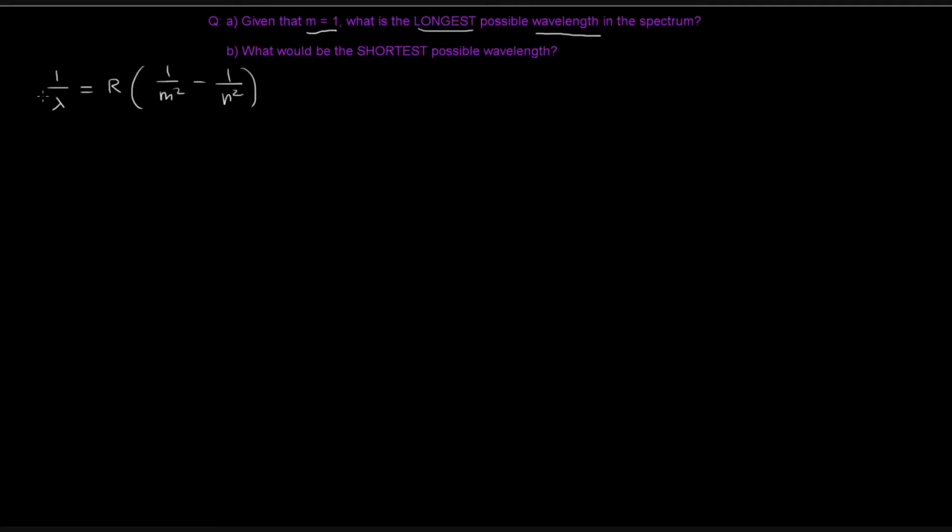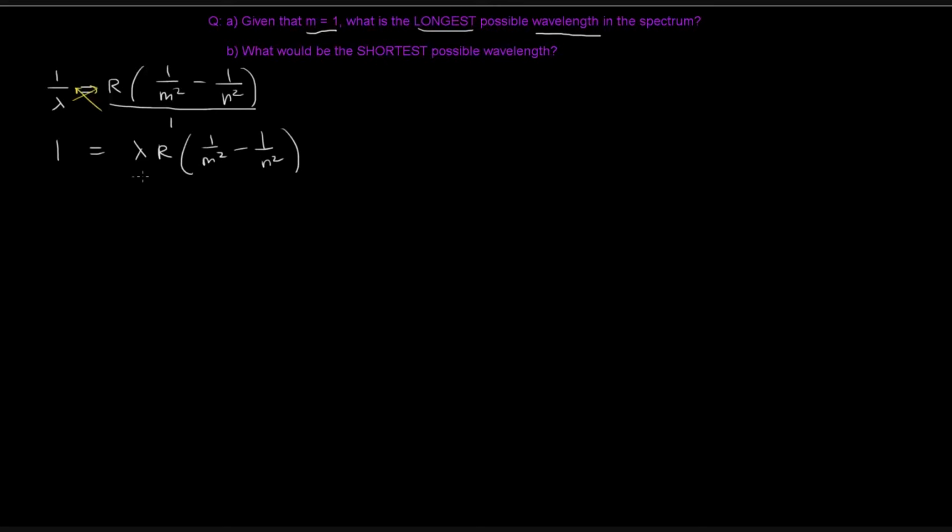So basically, if I put this over 1 and cross multiply, I get 1 equals lambda R times (1 over m squared minus 1 over n squared).